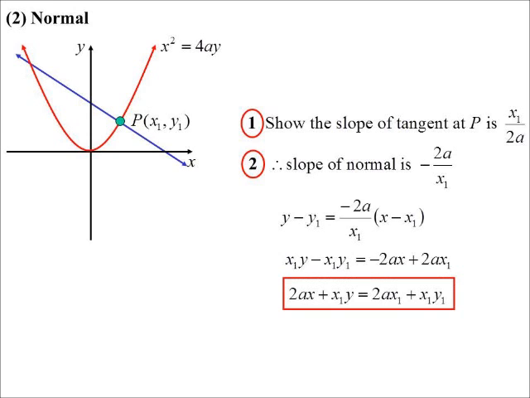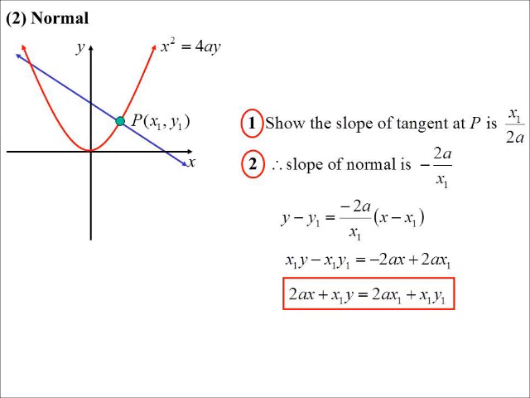Well, the only pattern I can really do there is to make the left hand side sort of look like the right hand side. So you'll notice that on the left hand side I've got 2ax plus x1y, but then the constant I've put on the right hand side, 2ax1 plus x1y1. Because remember, x1, y1 are actually numbers that we'd be substituting in. So the right hand side is all a constant.